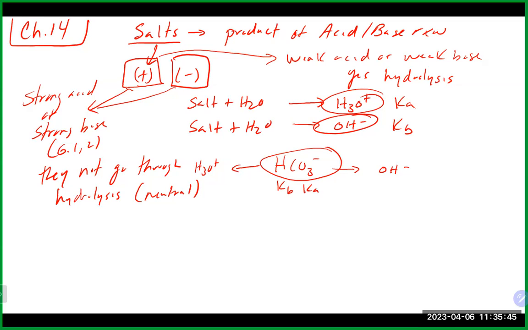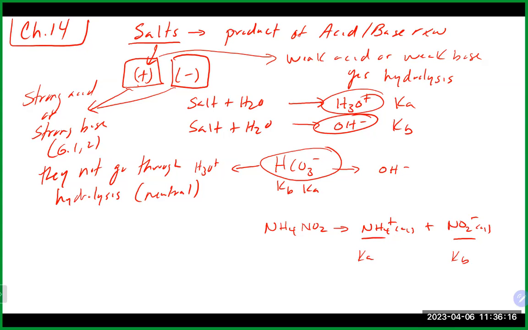We also talked about that there could potentially be salts where both parts of the salt, like this guy here, could go through hydrolysis, as they both come from a weak acid and a weak base. In that case, you also would compare the Ka value and the Kb value for these two separate things, and whichever one's larger is the reaction that it will do.